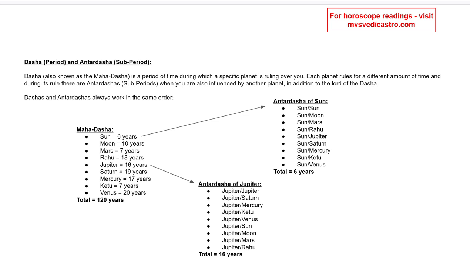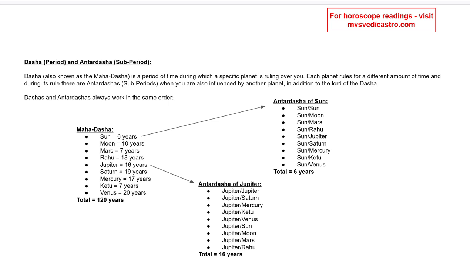So, if we were looking at the Maha-Dasha and not the Antardasha, Sun has a Maha-Dasha of 6 years. Moon has a Maha-Dasha of 10 years. Mars is 7 years. Rahu is 18 years.